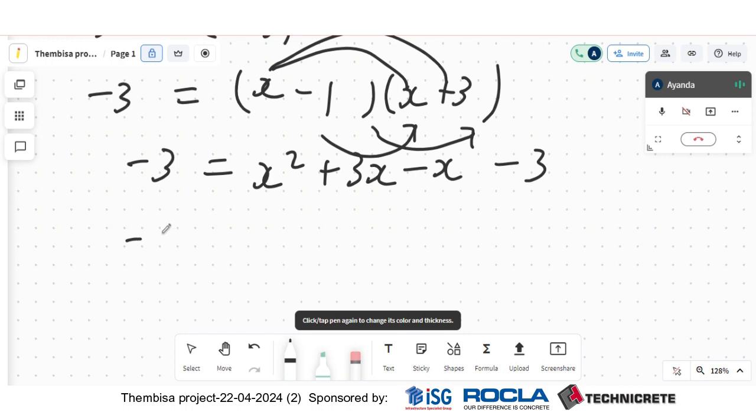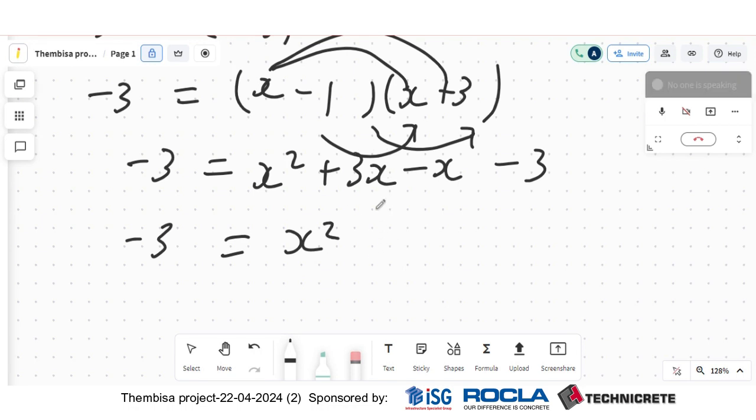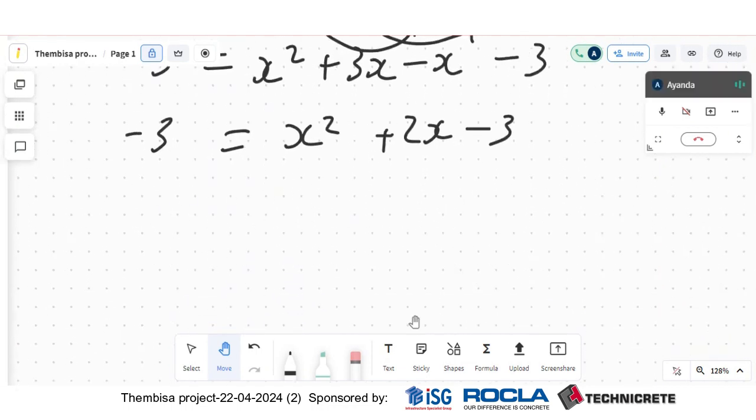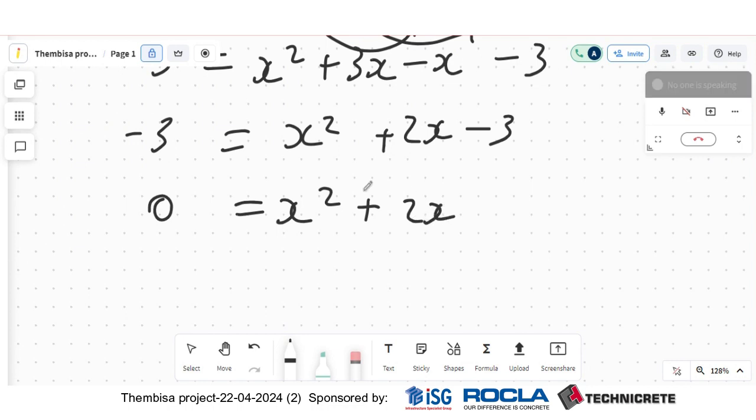Still with our negative 3 on the left-hand side, we have x squared. 3x minus x is just going to give us minus 2 plus 2x minus 3. If you bring everything to the right-hand side, set the left-hand side equal to 0, we'll be left with x squared plus 2x. Because by adding 3 on both sides, these 3's will cancel each other out.